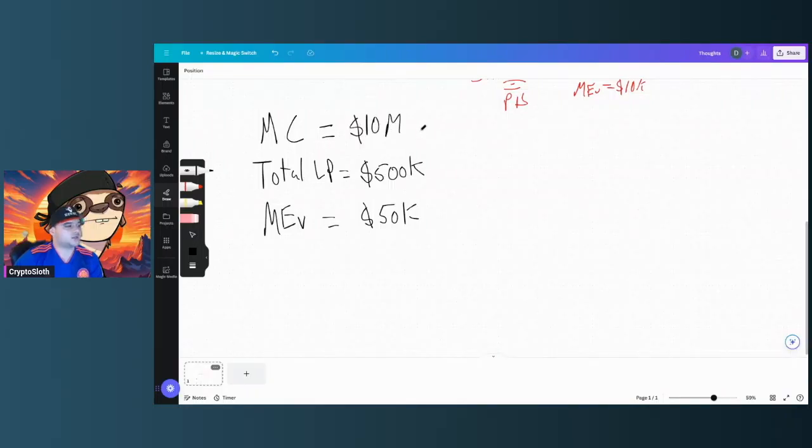Now, when I say market cap, you know the formula: number of tokens times the price. Let's just assume 100% of the supply is distributed to market participants. If it's distributed to market participants, this means there is $10 million that people think they have.